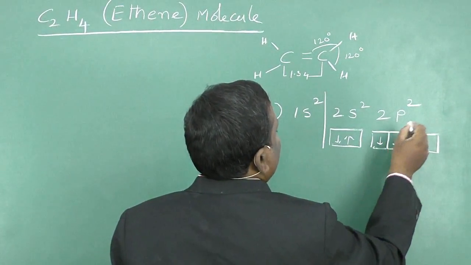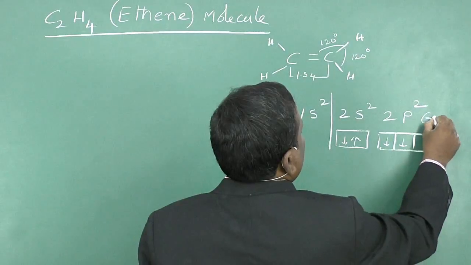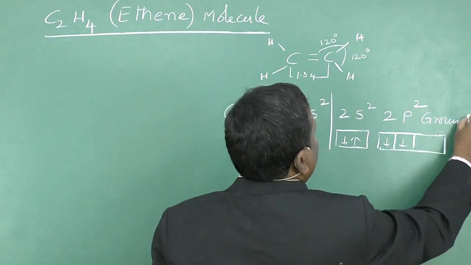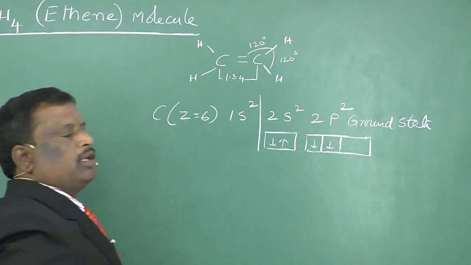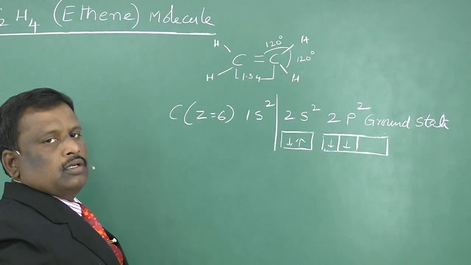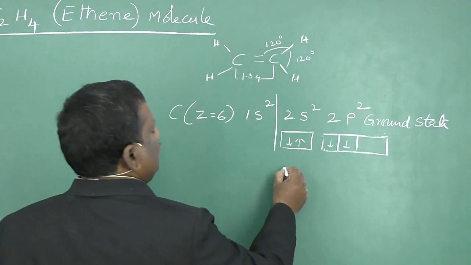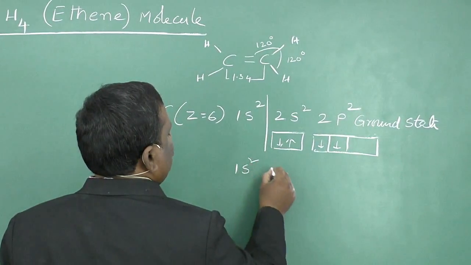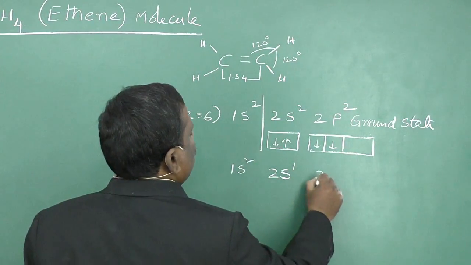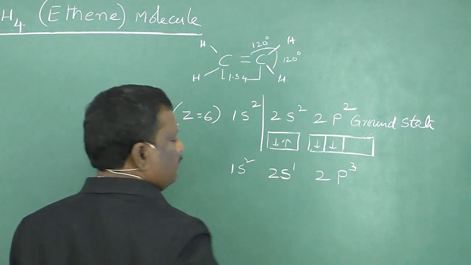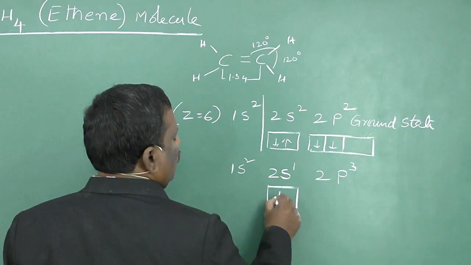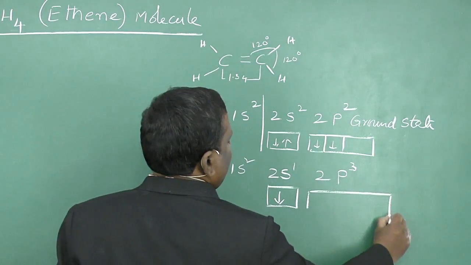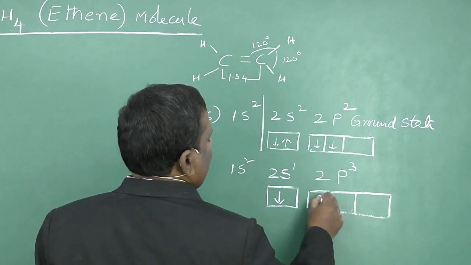This is the ground state electronic configuration. In the excited state, the electronic configuration of carbon is found to be 1s2, 2s1, 2p3. That is, in the valency shell of carbon, we have 1 electron in 2s orbital and 3 electrons in 2p orbital.